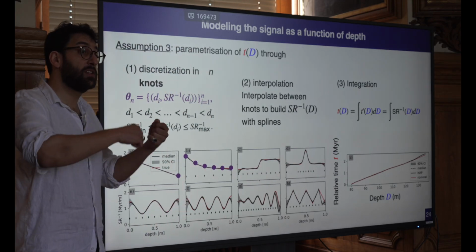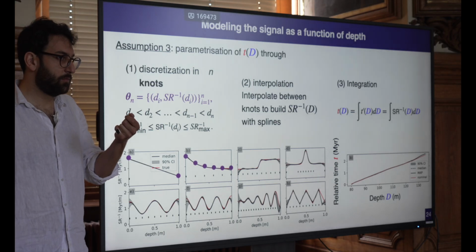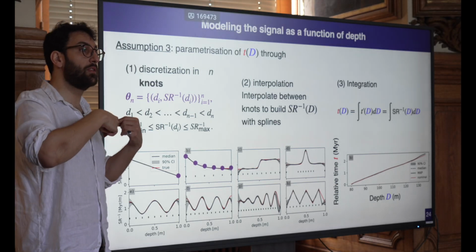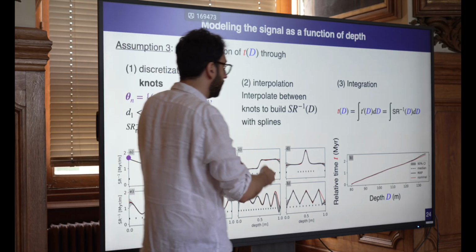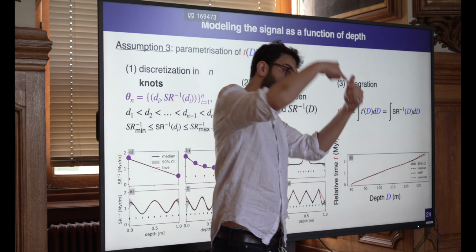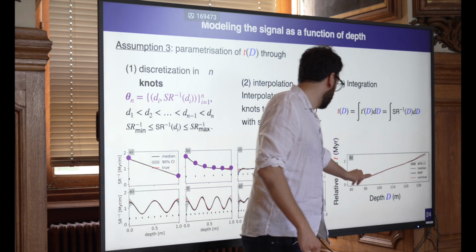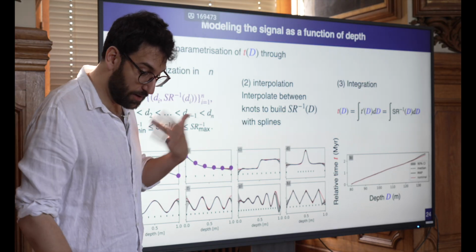So the sedimentation rate can also be a periodic function. You can make the sedimentation rate vary with the astronomical forcing. So this is how you build your inverse sedimentation rate, and to get to the time depth function that you will put back in your model, we do a numerical Riemann integration.